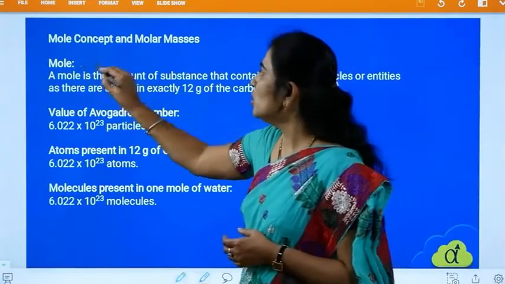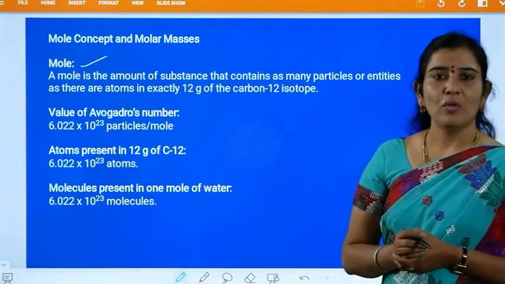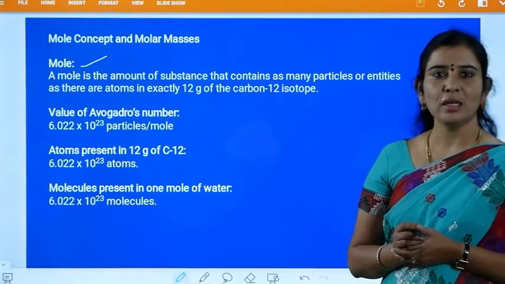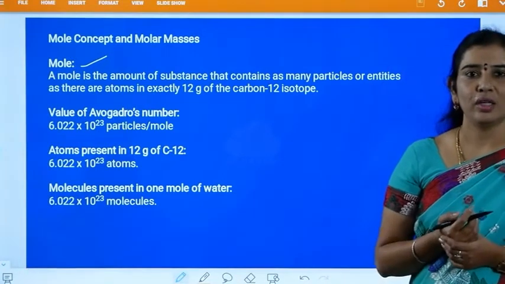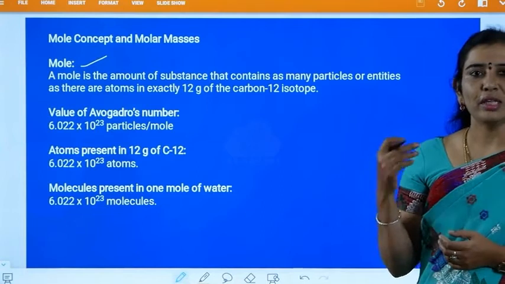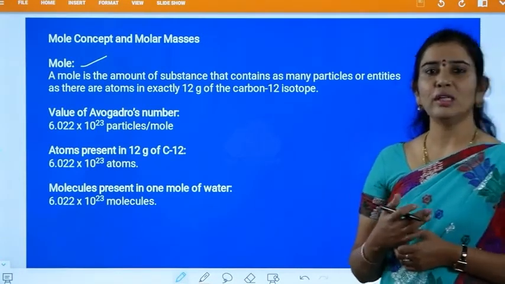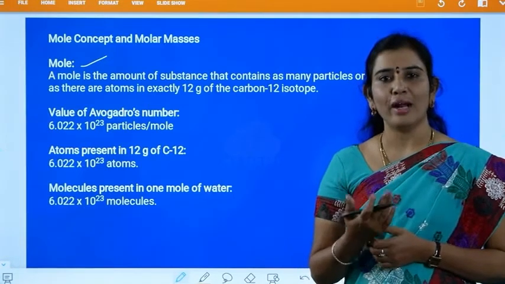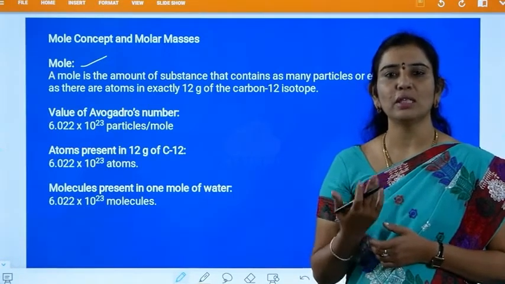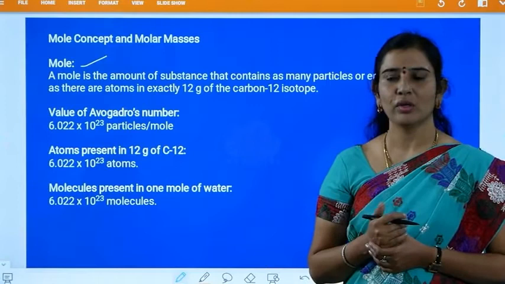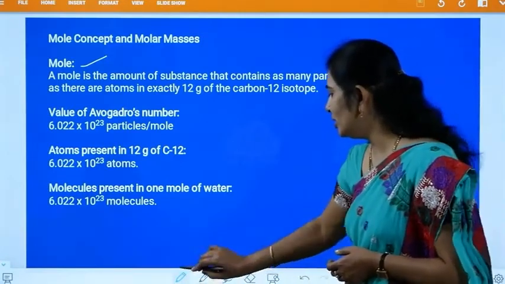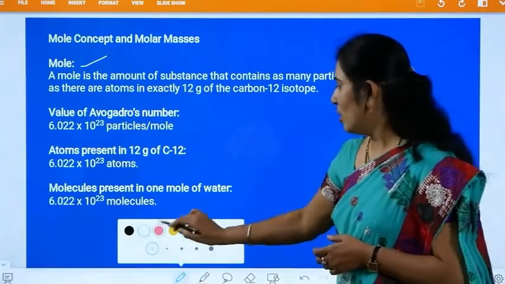We call it a mole. Now, what do you mean by mole? It is a scientific unit discovered by chemists in order to describe the quantity or the number of atoms or molecules present in a compound. Okay, that is the general definition I told now.